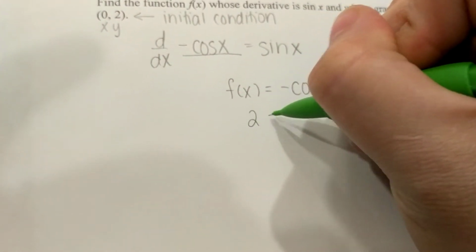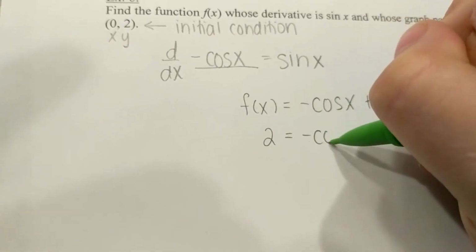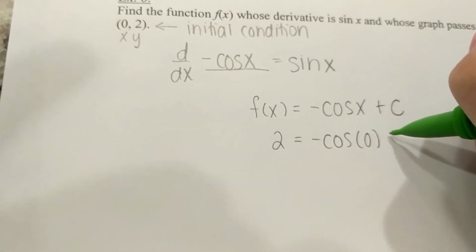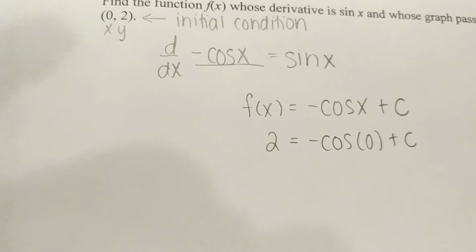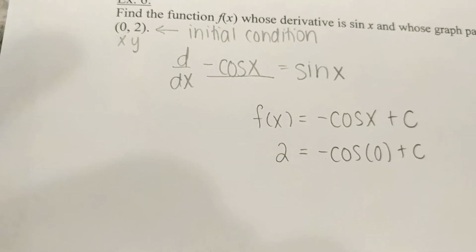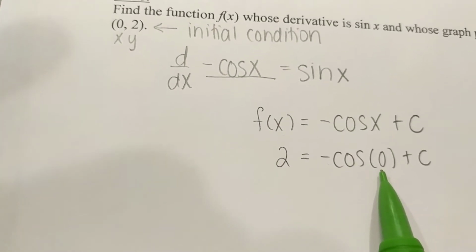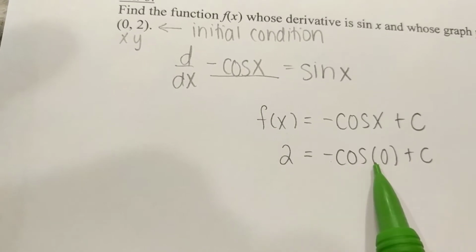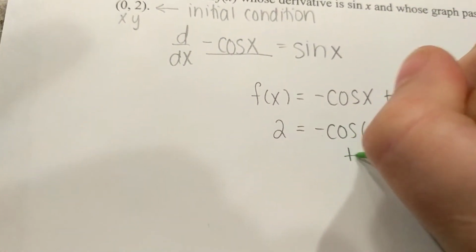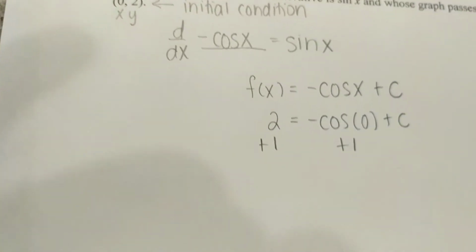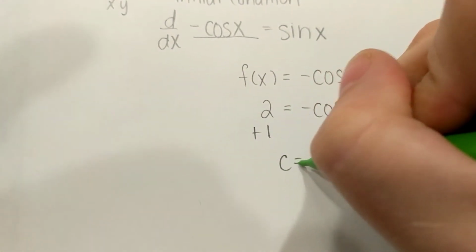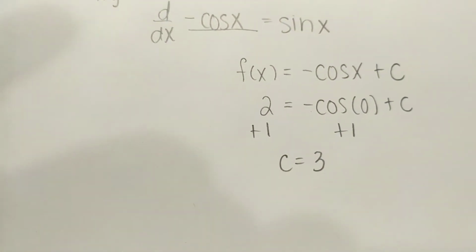So we get 2 equals negative cosine of 0 plus c. Well, cosine of 0 is 1, so I've got negative 1. So I'm going to go ahead and add 1 to both sides, and I get that c equals 3.